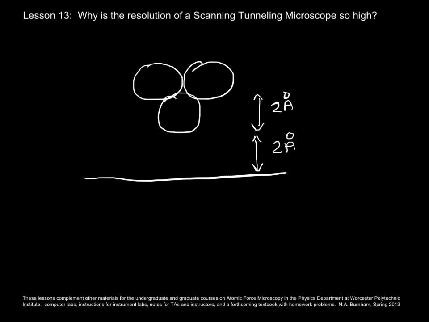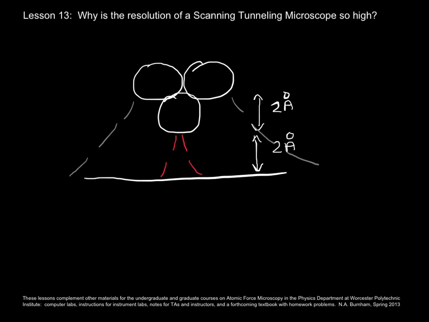We just learned that current falls by a factor of 10 for about every angstrom of separation. That means that the atoms further back will be interacting rather weakly with the surface, whereas the atom on the very end of the tip will be acting strongly. And the difference in current will be a factor of 100, because for each angstrom we get a factor of 10.